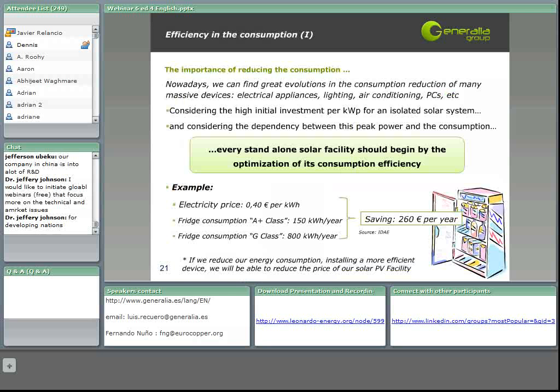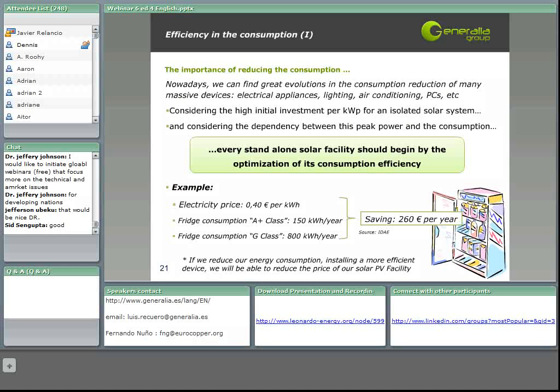Anyway, continuing with this slide about efficiency in the consumption, we have to know that every standalone solar facility should begin by the optimization of its consumption efficiency. Here you have an example on how we can save 260 euros per year just by getting a new fridge.